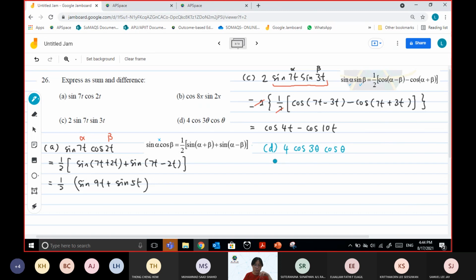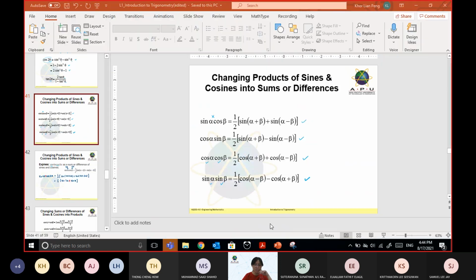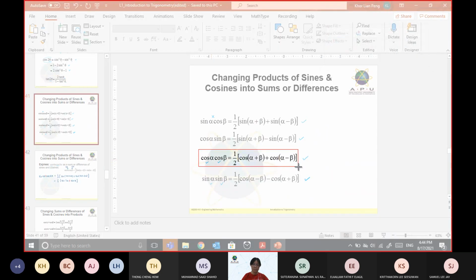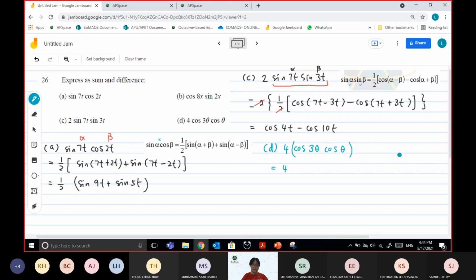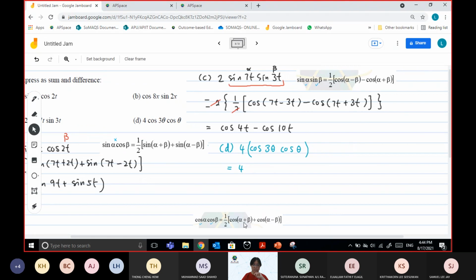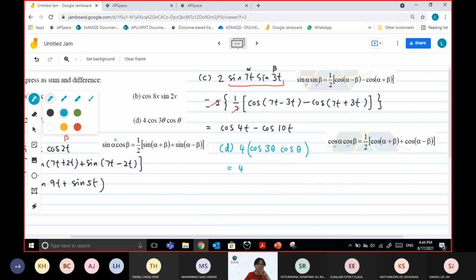Okay, this one involves cos, so we just need to substitute this part. When we have cos multiplied with cos, we're using the third formula. Saad, I still need your feedback on this question. Doesn't matter if you haven't finished, but you have to finish this later. By referring to the formula, the 3 theta is alpha and theta is beta.